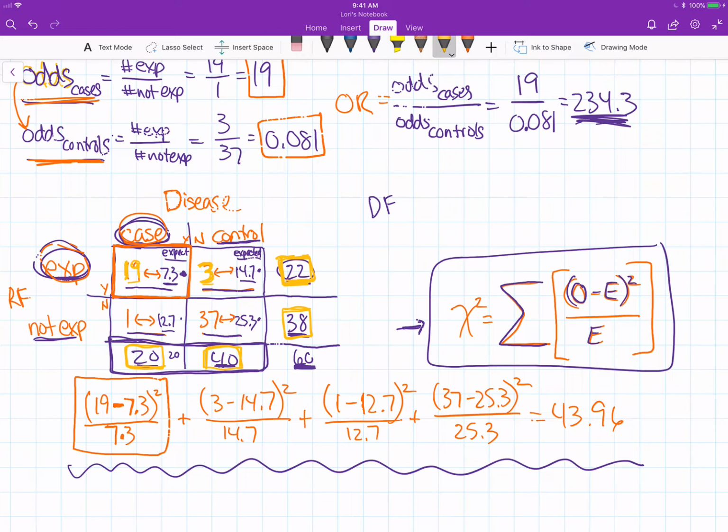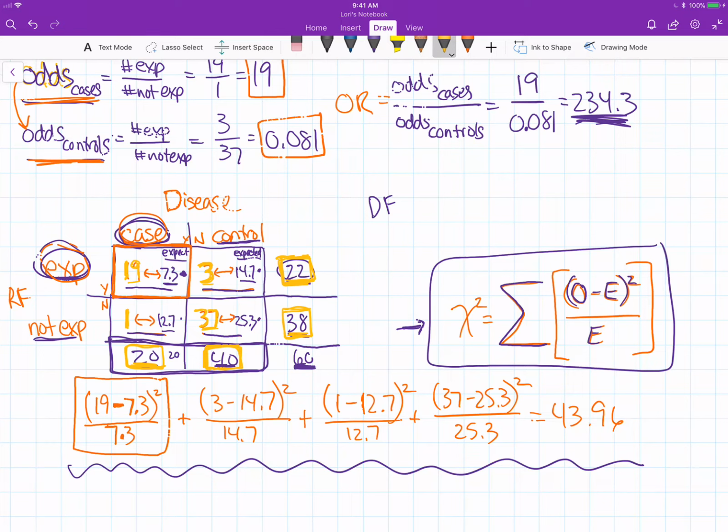As soon as I know that 3 plus something is equal to 40, because 40 is a fixed amount, then I know that this number has to be 37. There's no other number that it could possibly be. And then as soon as I know that both this column total is 20 and this row total is 38, the only answer that can fit anymore is a number 1.